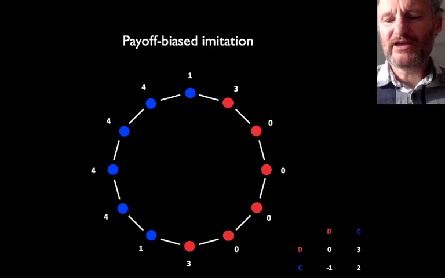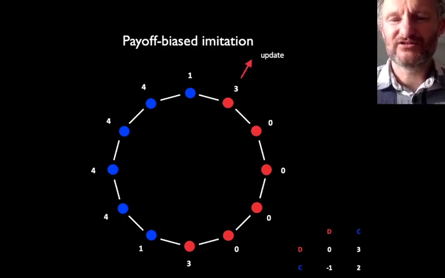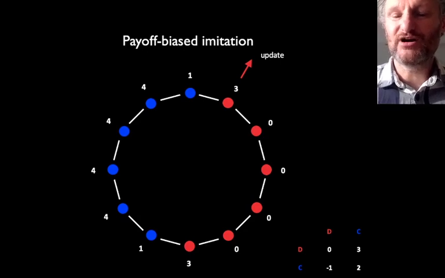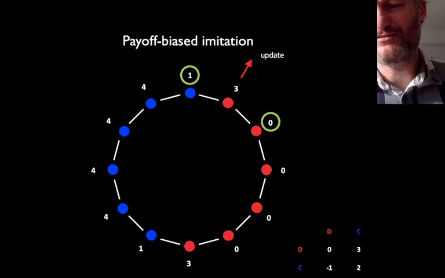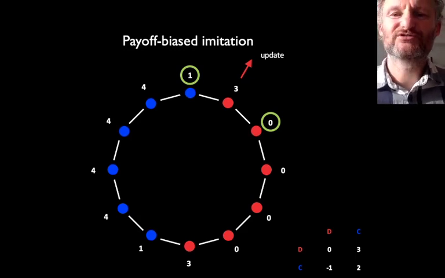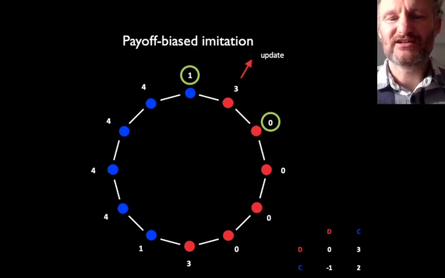Now suppose that we have cultural transmission, and this individual gets the opportunity to update her strategy. She can look to the left, and she can look to the right, and then she would see that the person on the right, who is a cooperator, has a payoff that's higher than the payoff of the defector, and therefore she could choose to imitate this individual with a higher payoff.